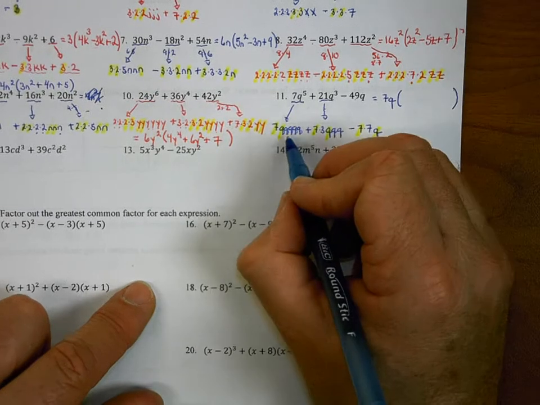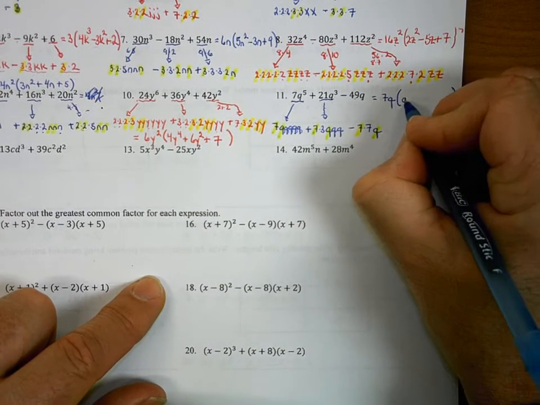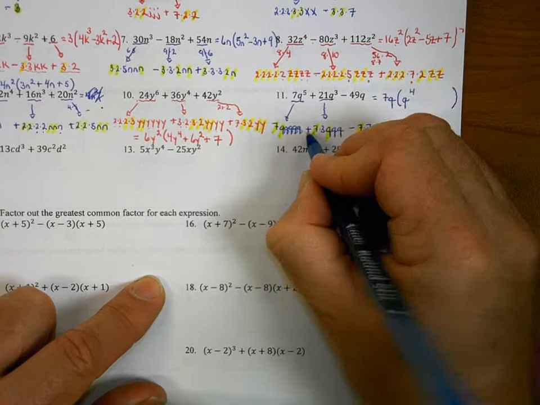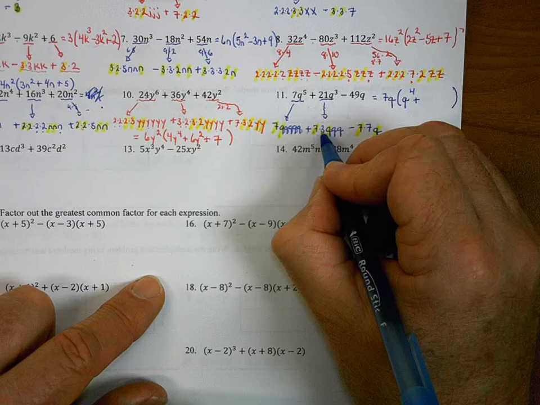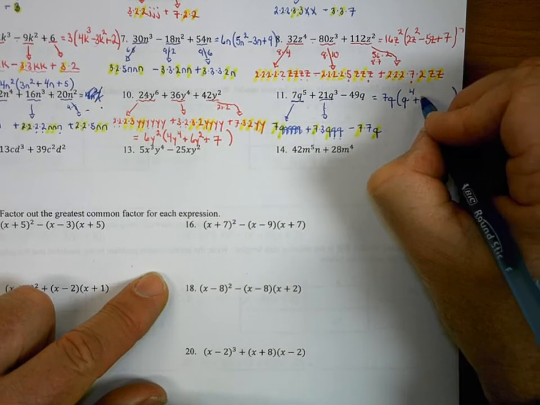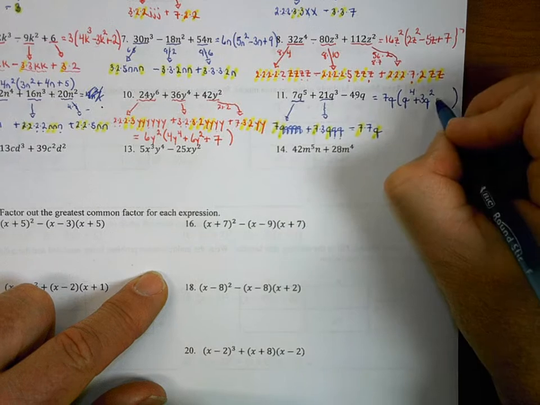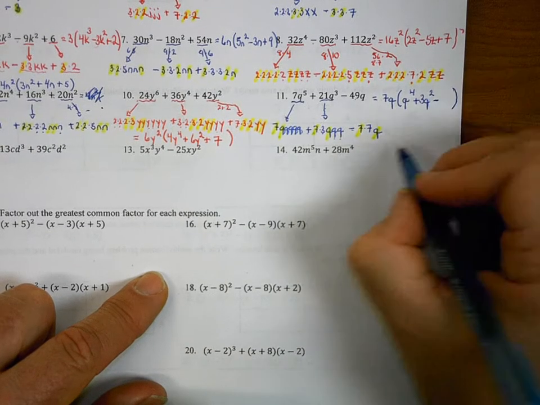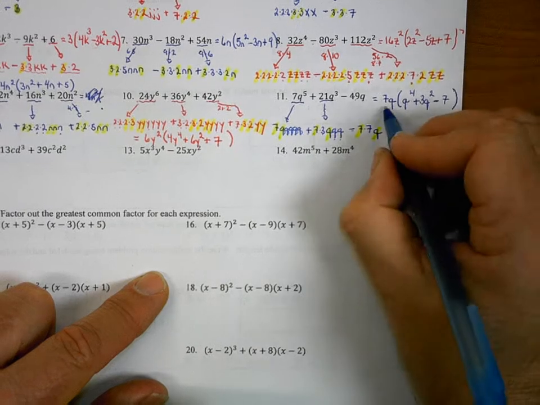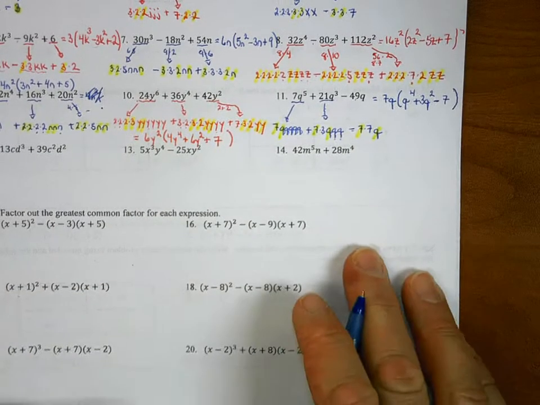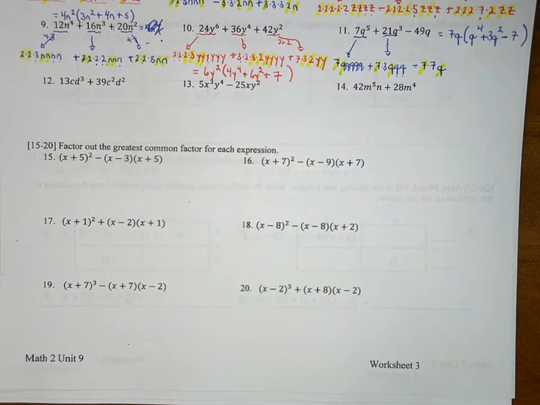In the first list, I have q, q, q, q left over, q to the 4th. I have an addition symbol left over, so I put plus. In the second list, I have a 3, a q, and a q left over, 3q squared. I have a subtraction symbol, so I put a minus. And in the third list, the only thing left over is a 7, so there's my factors for number 11.